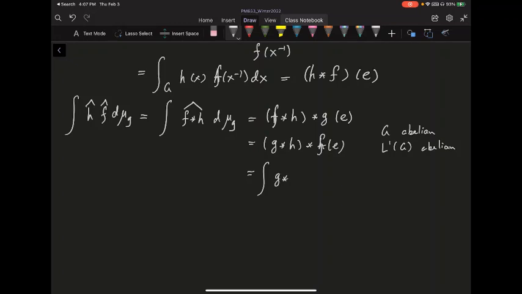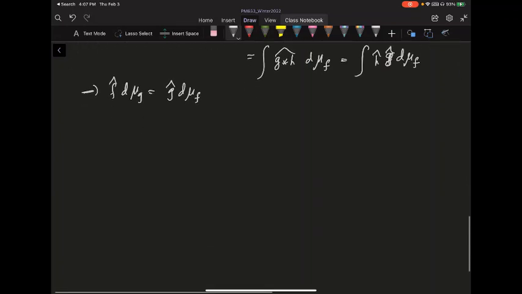This is going to be equal to the Fourier transform of the g, h convolution integrated against the μ_f, which is just equal to the integral of ĥ ĝ dμ_f, okay? And because these ĥ are dense, we have that this f̂ dμ_g is just going to equal ĝ dμ_f, okay? So let's finish the proof of this first one.